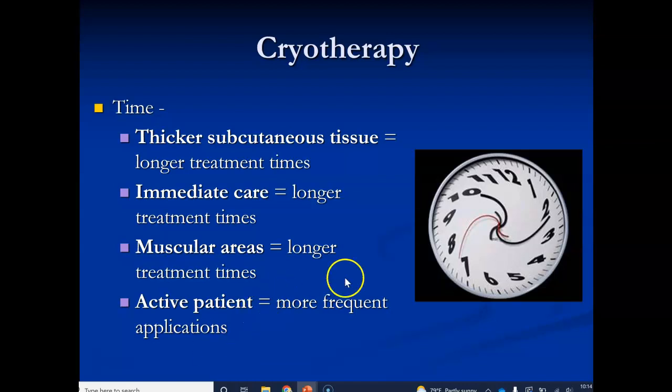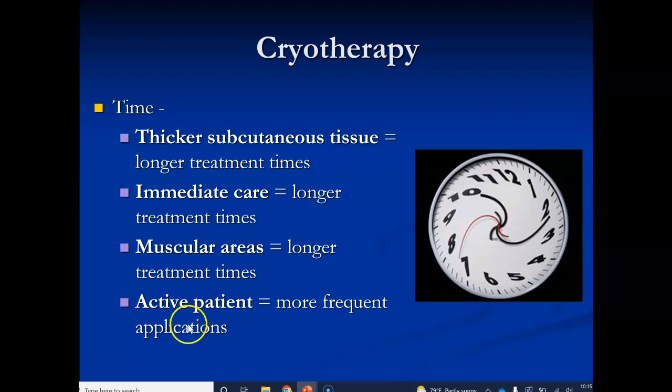The application: how long do we ice? Do we need to ice a low back the same amount of time as a finger? Maybe not, right? So you start to look through here at some basic guidelines. When we know we have a lot of adipose, we have more time. Immediate care, because we want to decrease temperature immediately after an acute injury, we want maybe longer treatment times, maybe more frequent applications.